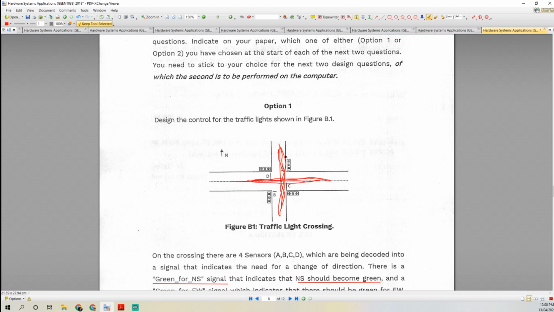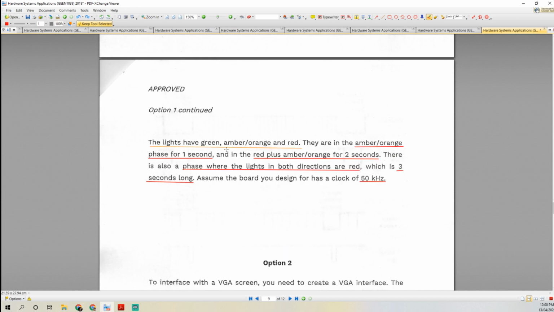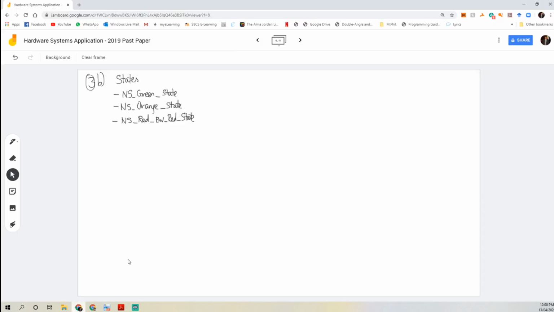So before this turns green, both north-south and east-west are going to be red, sorry. So while they're both red, that's this phase that we're talking about here. There's also a phase where the lights in both directions are red, all right? Which is this phase that we just talked about here, all right?